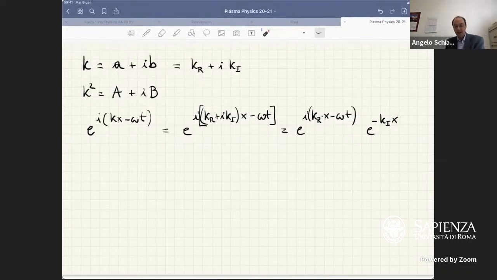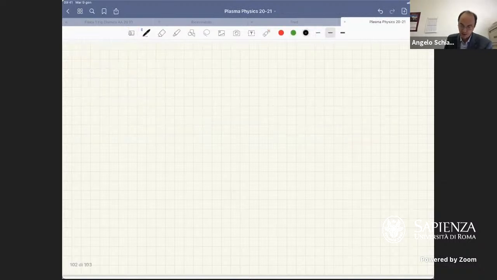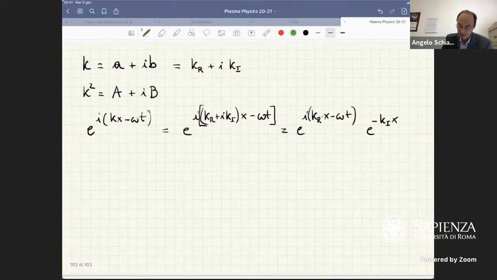So when k becomes complex, the real part is connected to the propagation property of the wave, and the imaginary part is linked to the attenuation.